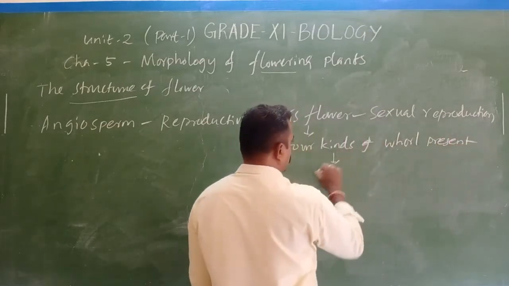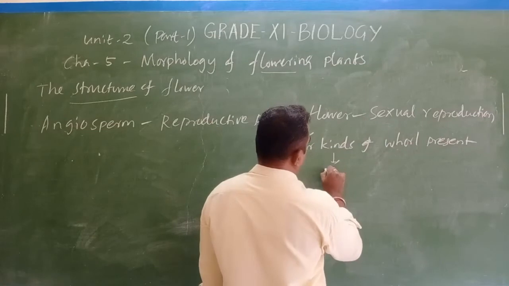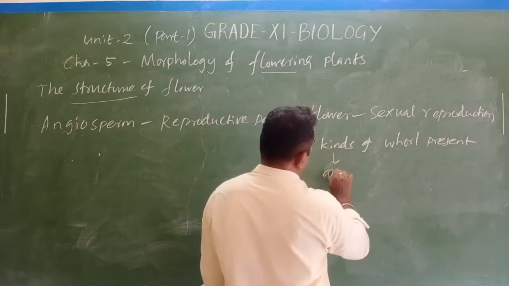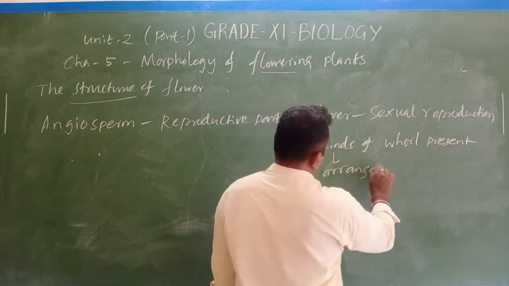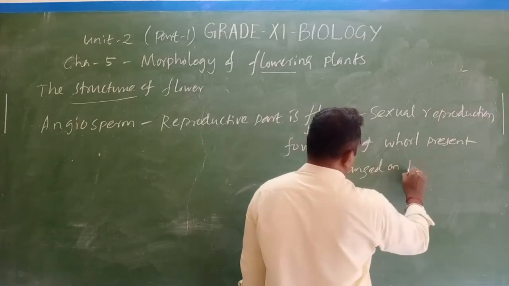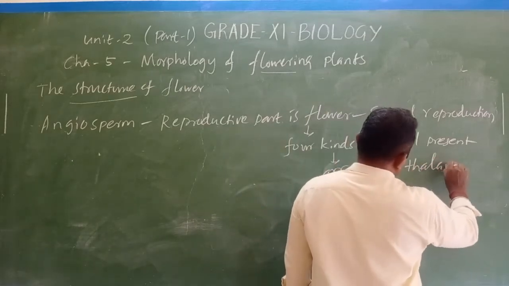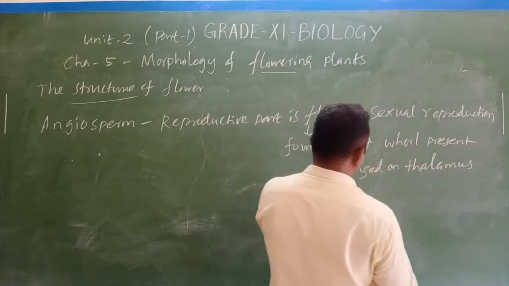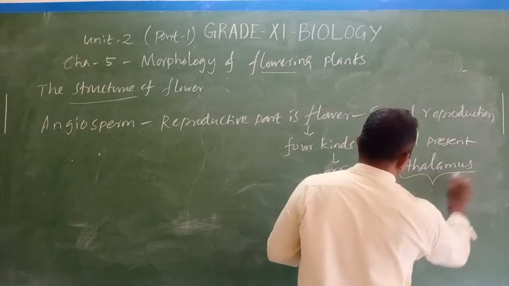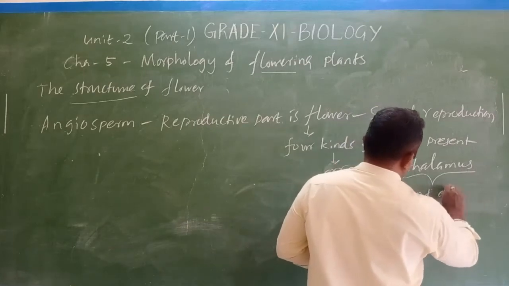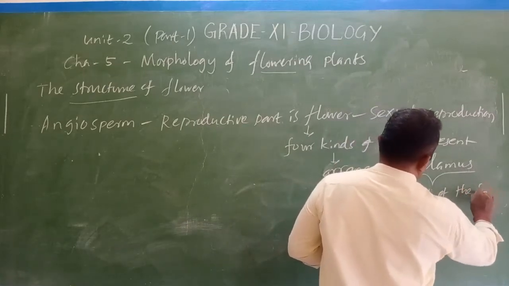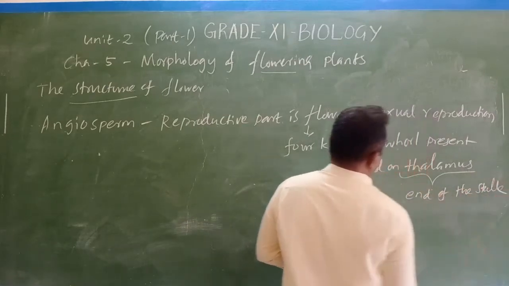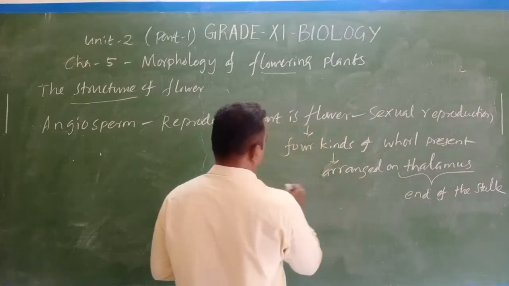Those four holes are arranged on what? Thalamus. Arranged on thalamus or receptacle. The thalamus is present at the end of the stalk.